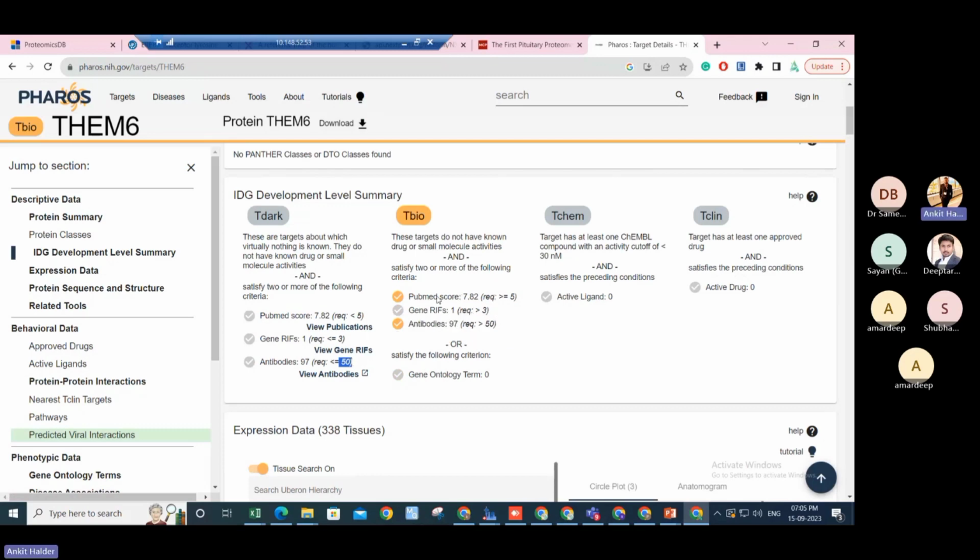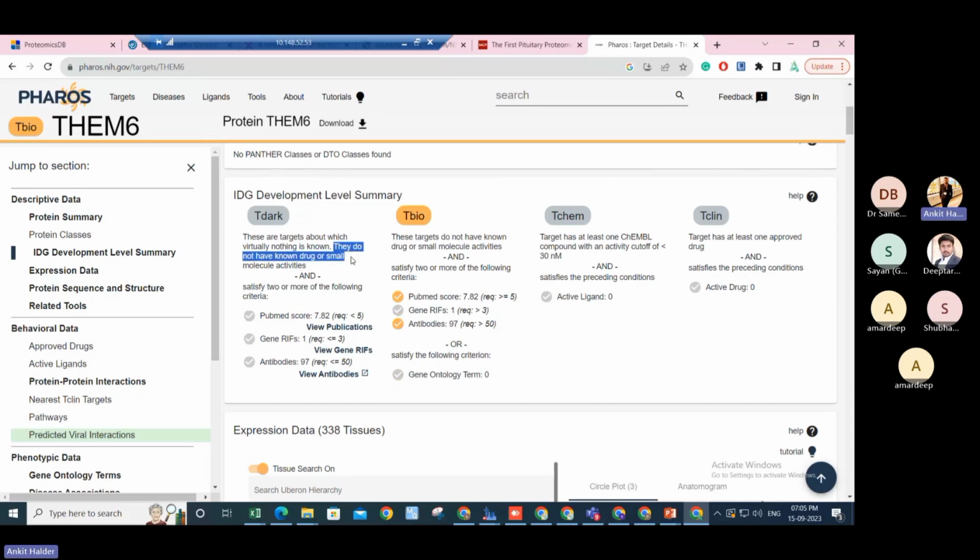But it went to T bio because the PubMed score has increased. That means the number of times it has been reported has increased, so it is getting detected. They have also given these targets about which virtually nothing is known. So in T dark are whichever proteins remain.